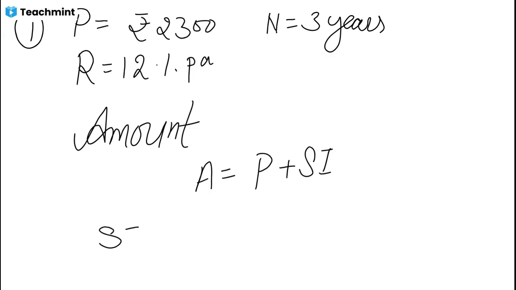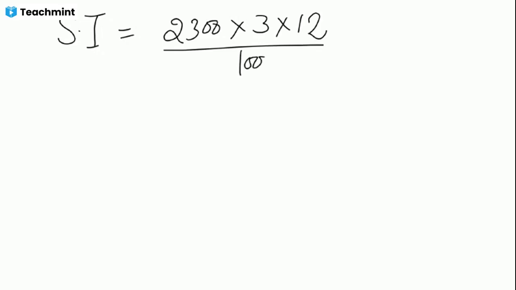Let us find SI. The formula to find SI is P into N into R over 100. Let us put in the values now. P is 2300, N is 3 years, and the rate of interest is 12 over 100.